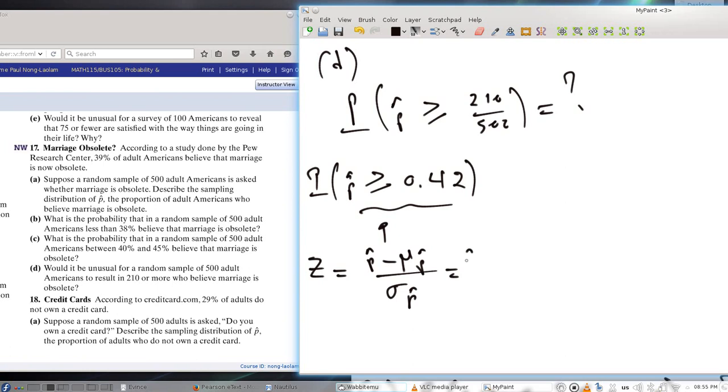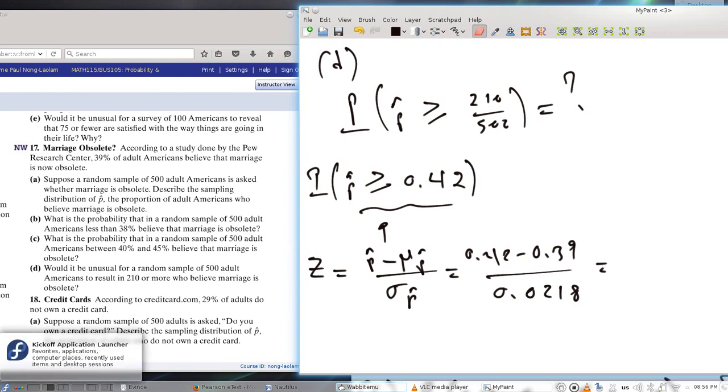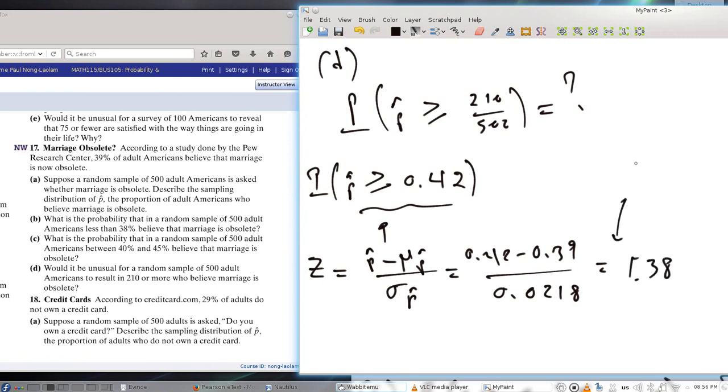Okay, so here we have 0.42 minus 0.39 divided by 0.0128, and that gives us 1.3761467889. And we can carry this to two decimal places, so it will be 1.38 here.